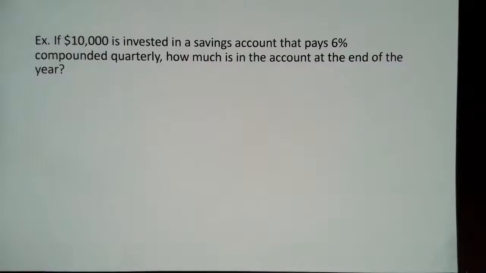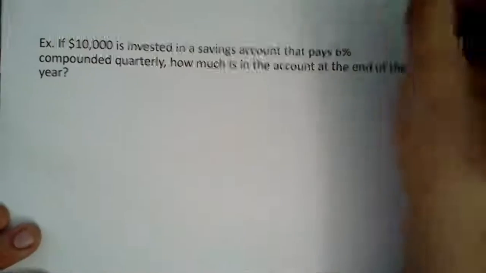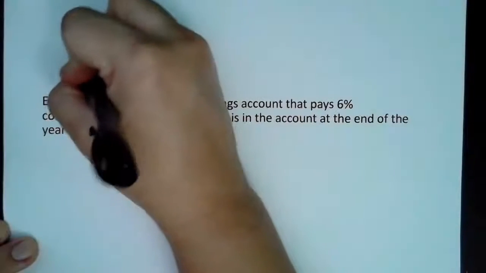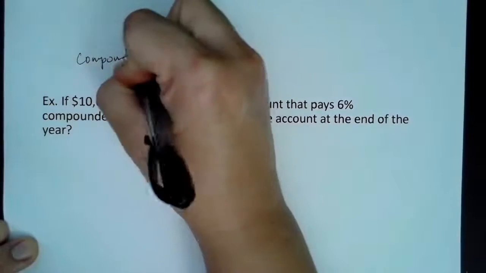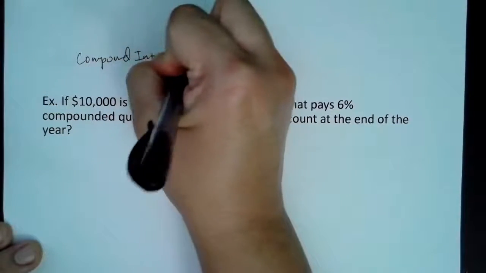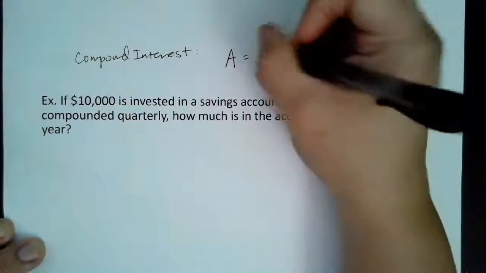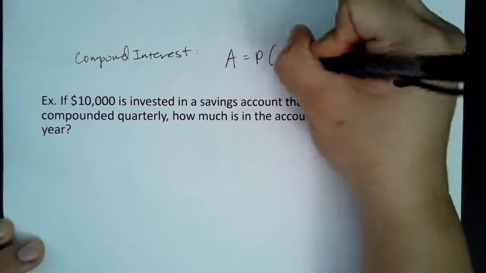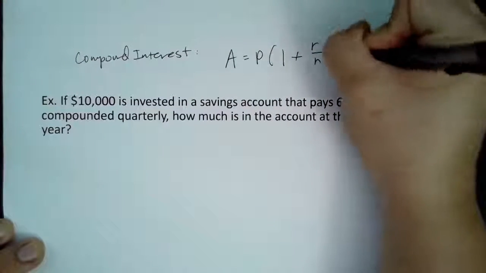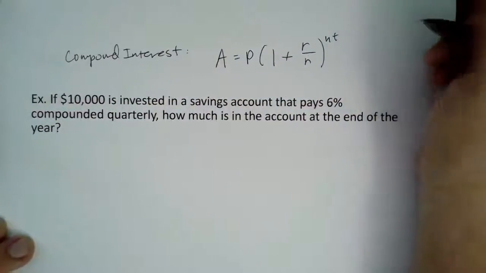Instead of having to do it every single time, we have a formula. You notice that it keeps growing and growing. The new amount is going to be principal times 1 plus r over n, to the nt power.